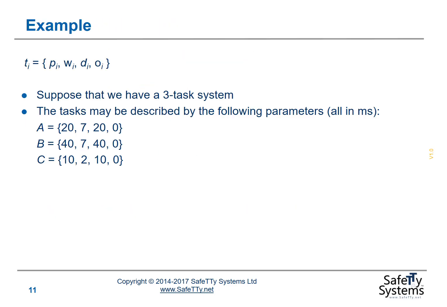Suppose we have a 3-task system. The tasks may be described by the following parameters, all in milliseconds. Task A has a period of 20 milliseconds, a worst case execution time of 7 milliseconds, a deadline of 20 milliseconds, and an offset of 0.